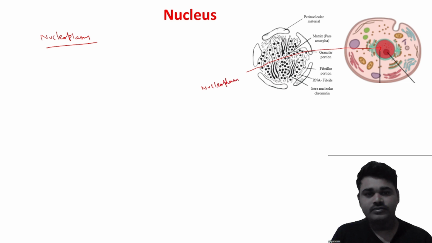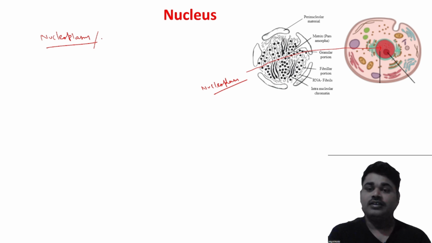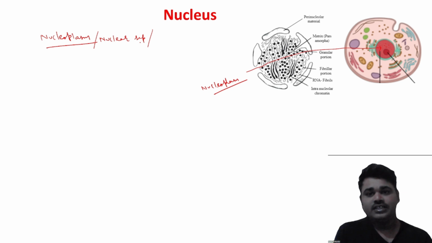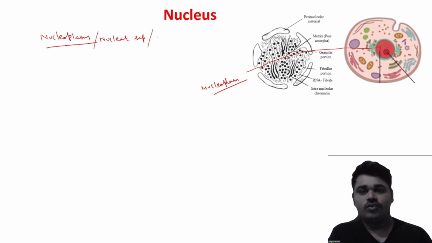The nucleoplasm is also called the nuclear sap, because it is a sap-like structure present inside the nucleus. It is also called the karyoplasm. Karyo means nucleus and plasm means cytoplasm-like structure, so because it is present inside the nucleus, it is called the karyoplasm.